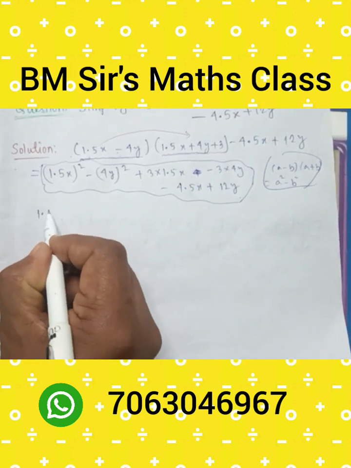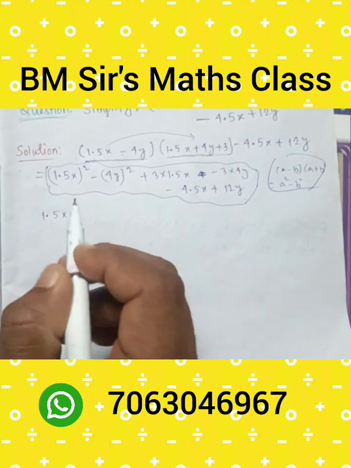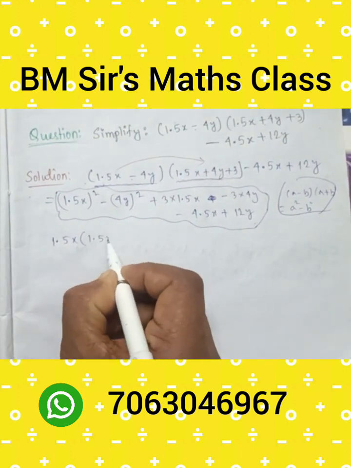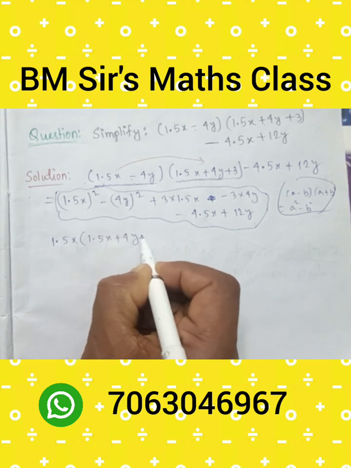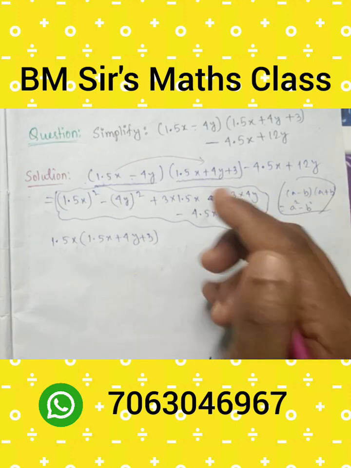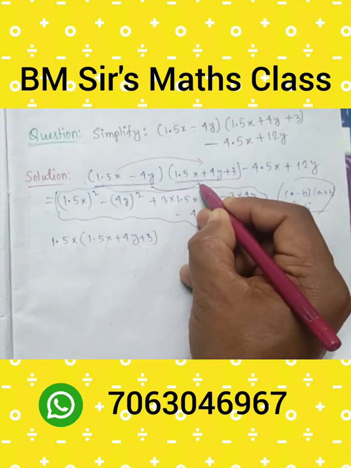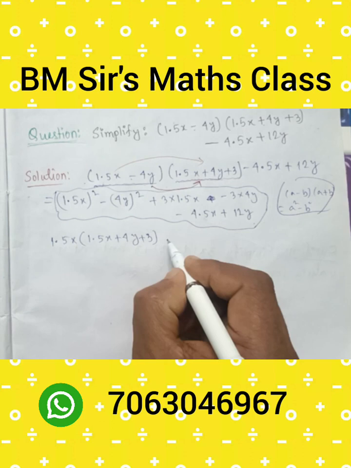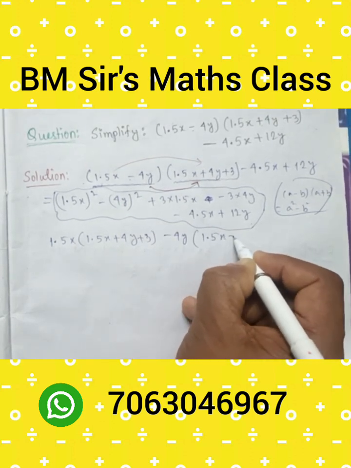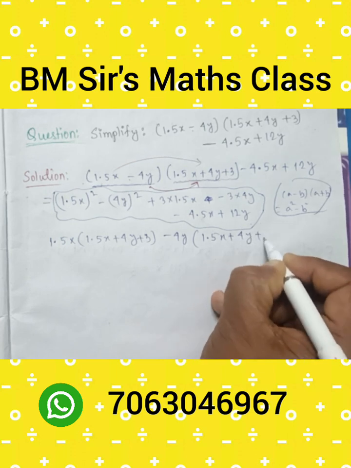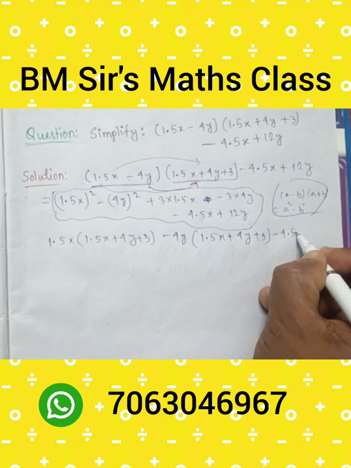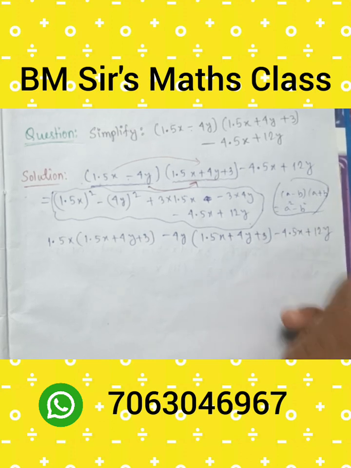That means 1.5x into (1.5x + 4y + 3). Then multiply −4y by all terms. Then you will get −4y into (1.5x + 4y + 3). And the last two terms are unchanged, −4.5x + 12y.